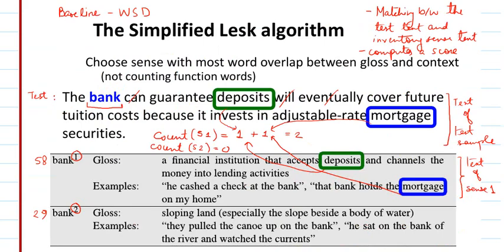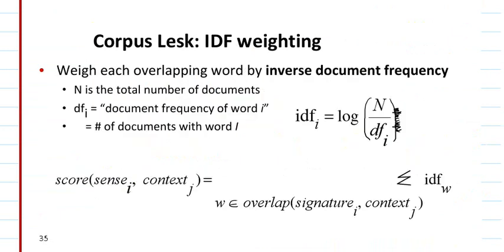We can calculate the inverse document frequency, which is defined as log N by DF i, where N is the total number of documents and DF i is the number of documents in which the word i is present. And then we calculate the summation of IDF, the inverse document frequency, multiplied by its corresponding computed score. So in this way we can do the IDF weighting.